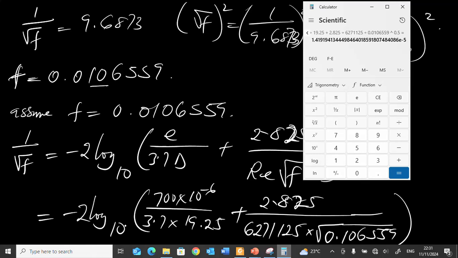Now press log, log to base 10, and we have minus 4.84.